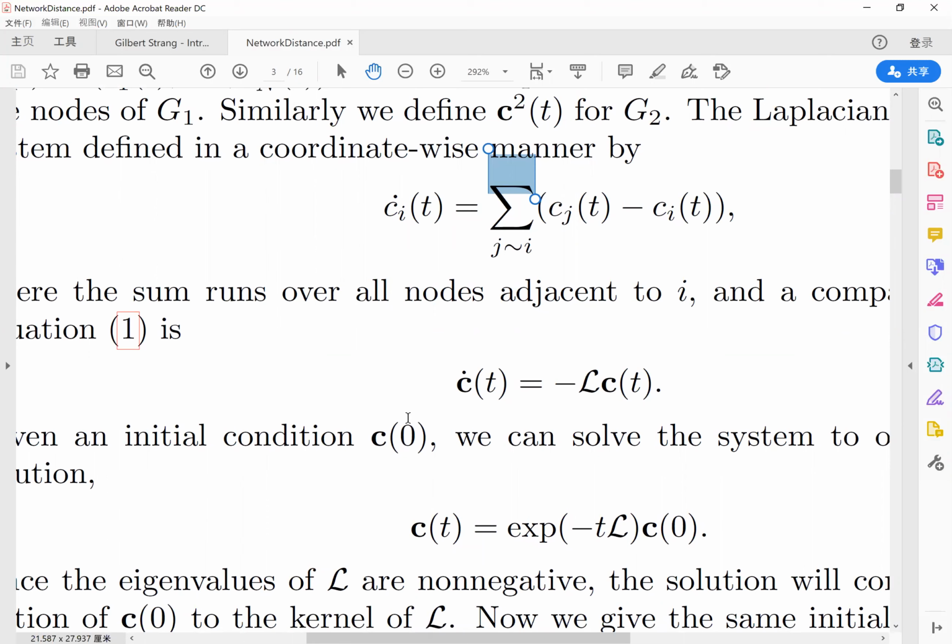It's an important operator for a graph. As a fact, this Laplacian is positive semi-definite, so its eigenvalues are non-negative.